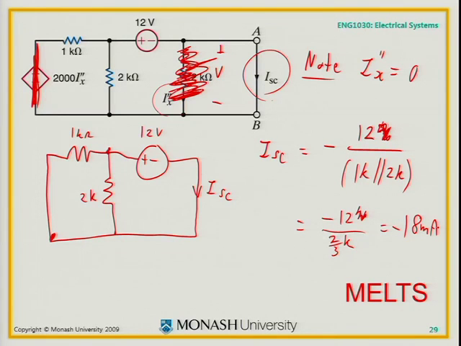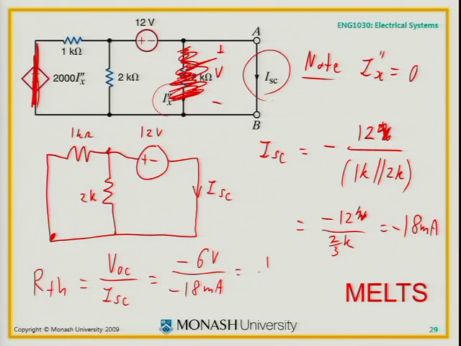So the open circuit voltage was minus 6 volts. The short circuit current is minus 18 milliamps. So what's the Thevenin resistance? Well, it's the ratio of the open circuit voltage to the short circuit current, which is minus 6 volts on minus 18 milliamps, which equals 1/3 of a kilohm.